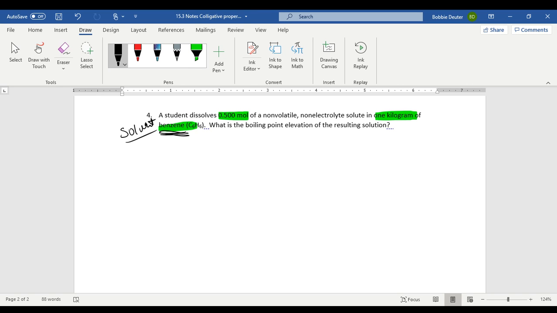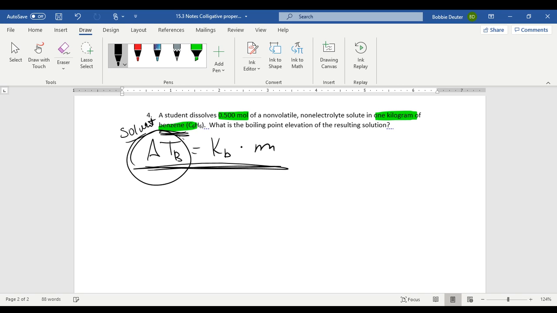For this one, it's not asking for the boiling point, so we can simply use our delta T_B is equal to Kb times molality. We don't need to go any further than this equation because it's asking how far the boiling point is going to elevate. And so we're just looking for that.